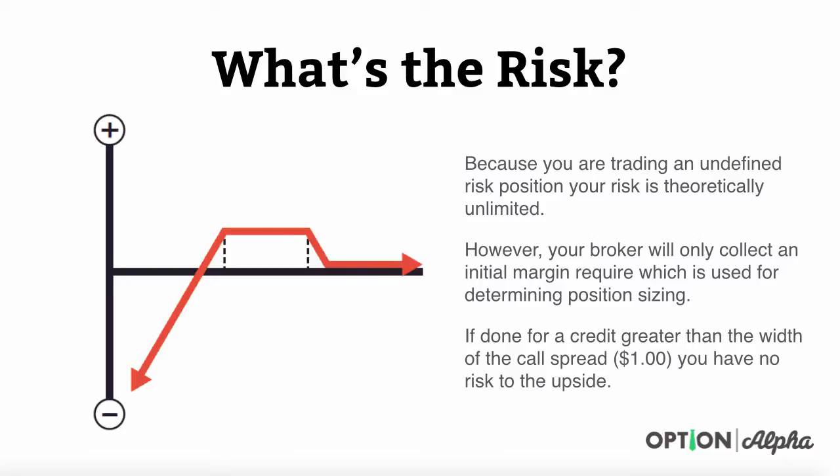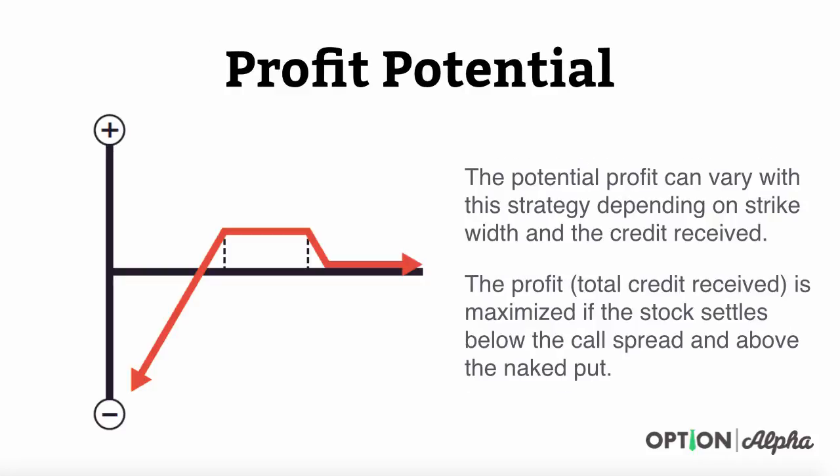Ideally, you want to make sure that you do this trade for a credit that is greater than the width of the call spread that you have sold. In our case, we'll be doing an example here with SPY, where we sold a $1 wide call spread. So we'd be looking to take in a credit that is greater than that width so that you have no upside risk in this trade. And that's ideally how you should set them up.